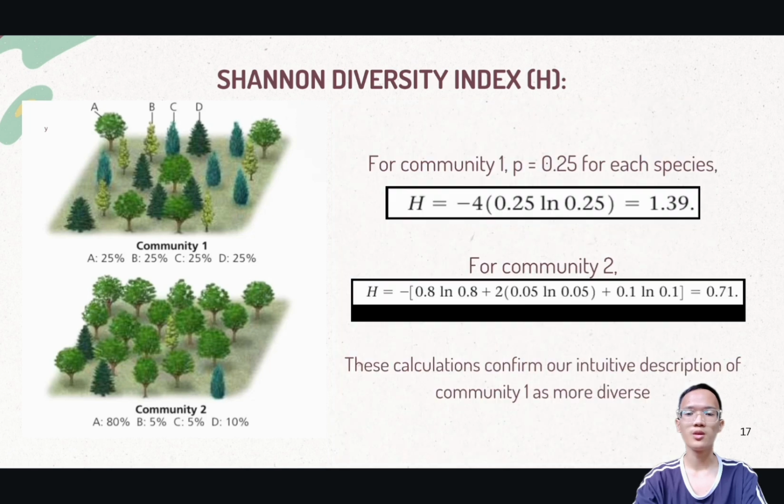If we rounded up the values, then for community 1, it is 1.39. And for community 2, it is 0.71. Now, we can confidently say that community 1 has a higher diversity than community 2.